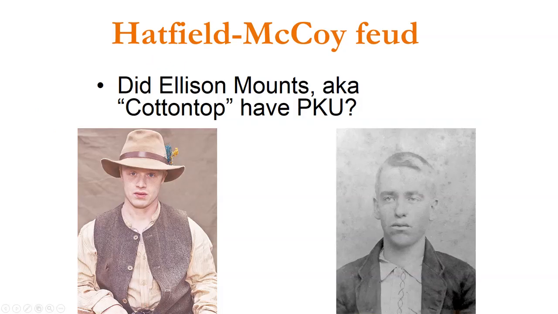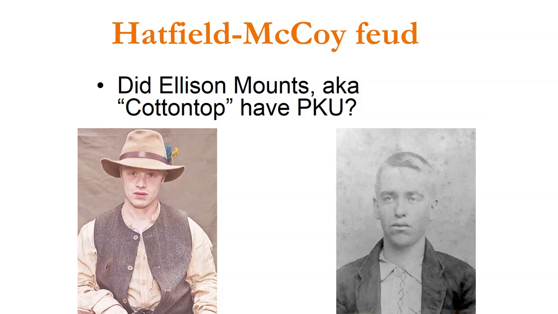And then this is what I call the Lucia hypothesis, because I haven't seen this mentioned anywhere else. If you go and watch or read about the history of the Hatfield and McCoy feud, the thing that ended the feud was the hanging of this kid, Ellison Mounts. He was mentally very slow, and he also had very blonde hair.